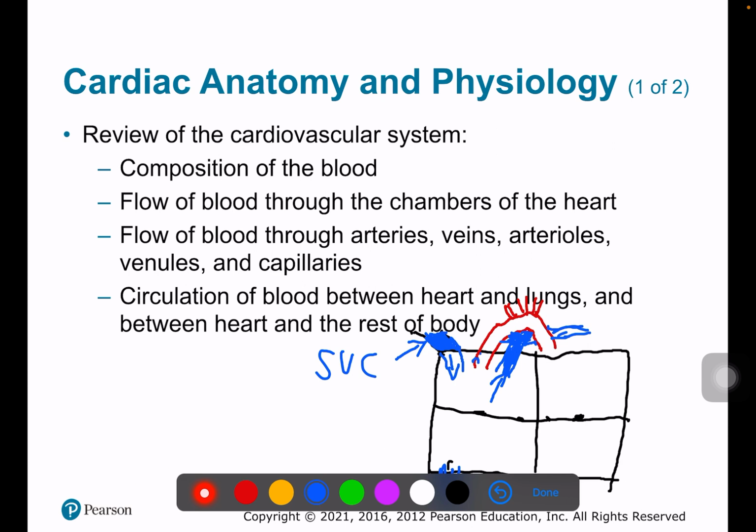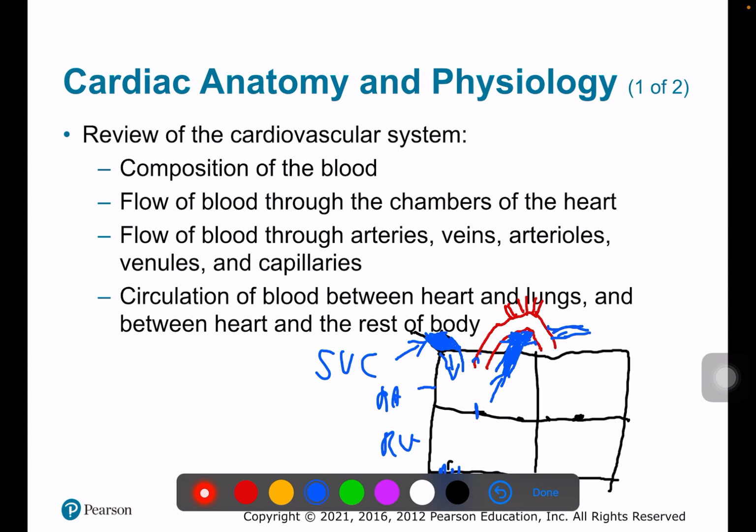And then from there, there's four valves in your heart, like doors, that blood flows through from one chamber to the other. But it's designed in a way to keep blood from going the wrong direction. So once blood goes from the right atrium, which is right here, it goes to the right ventricle through a tricuspid valve right here.